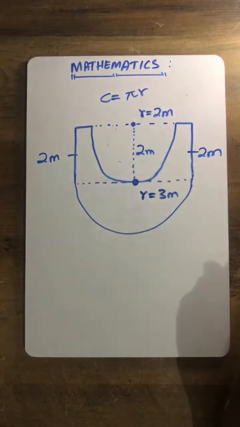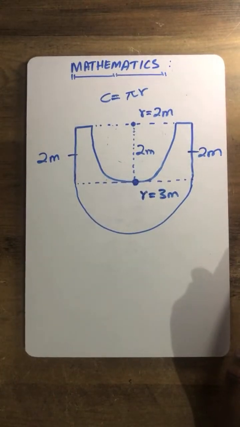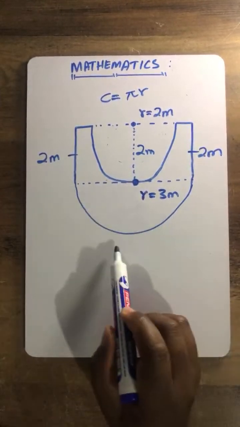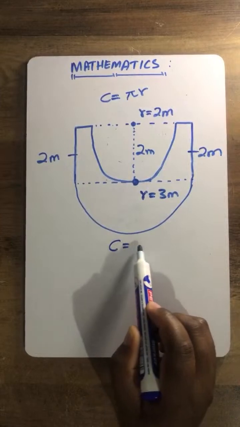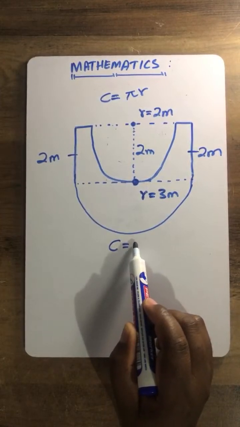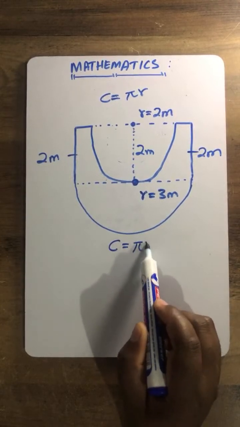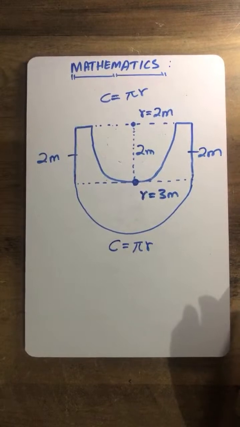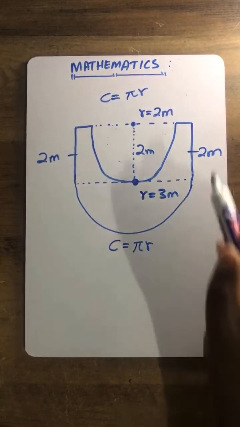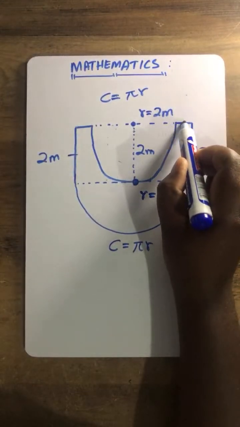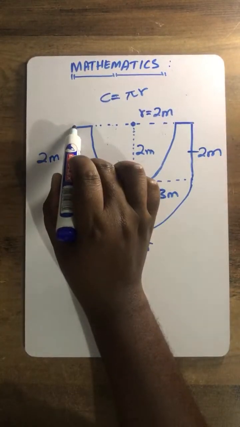And then you can also do the same for that one and say C is equal to pi r. So what is now remaining is for you to know what those short distances there are.